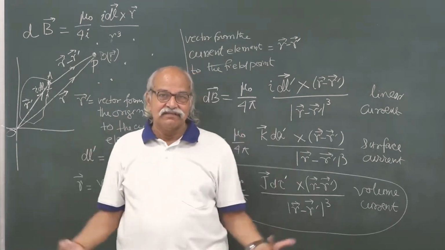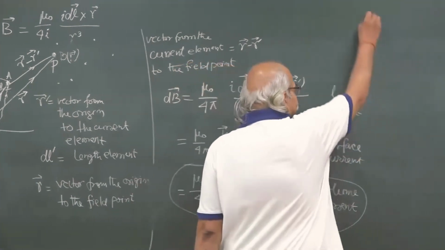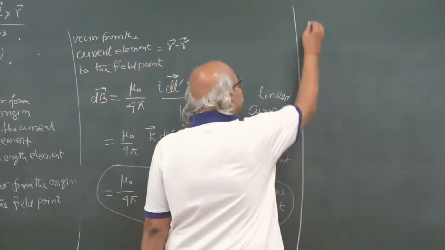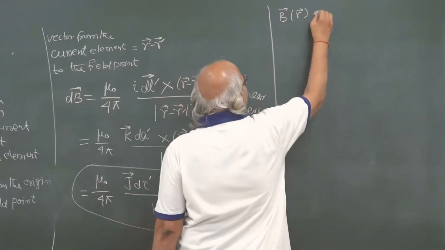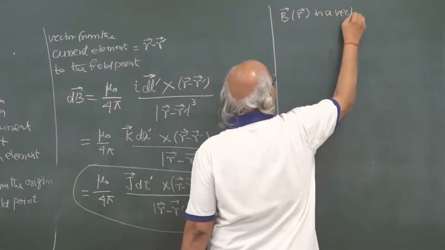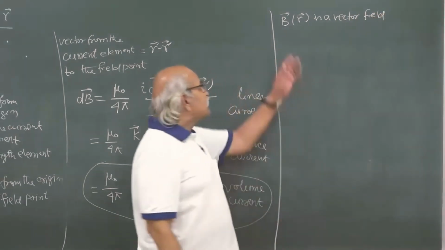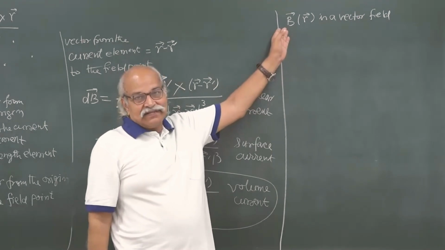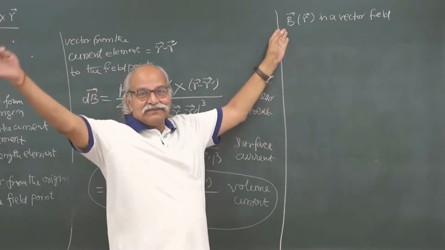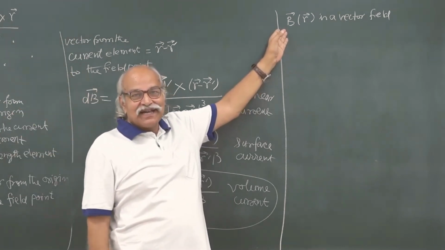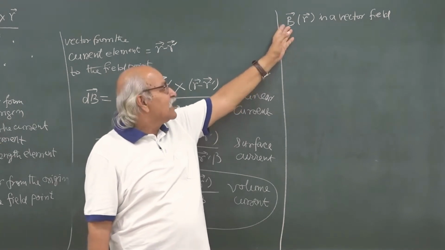That kind of vector is called a vector field. So, B at r is a vector quantity, and it depends on location in space. At different locations the value of this is different. That is known as a vector field.